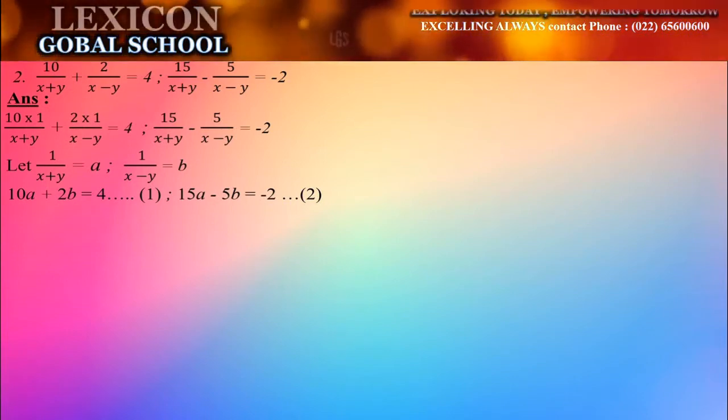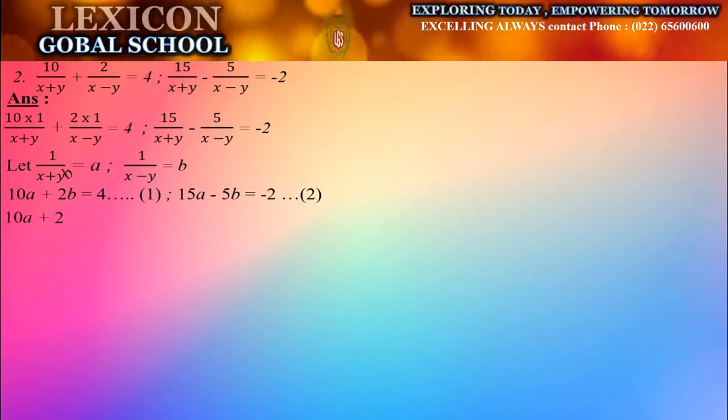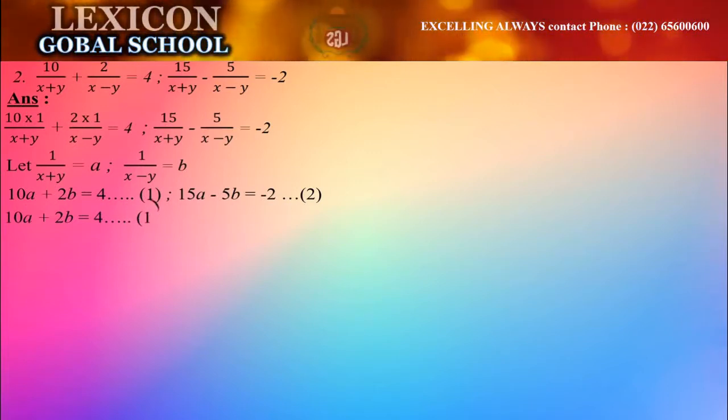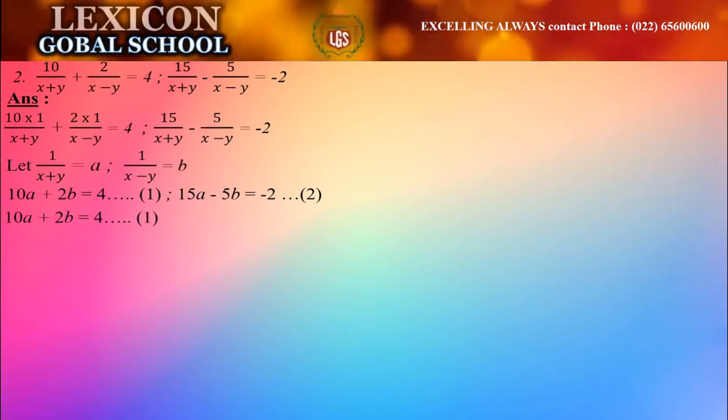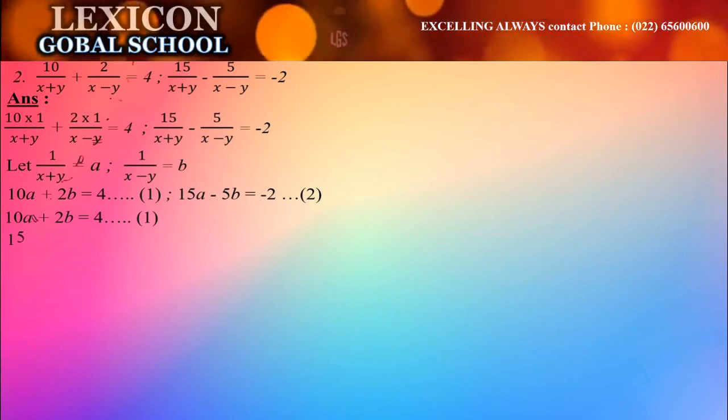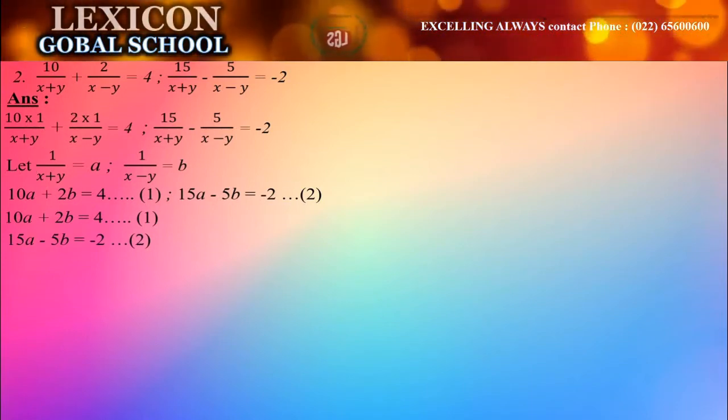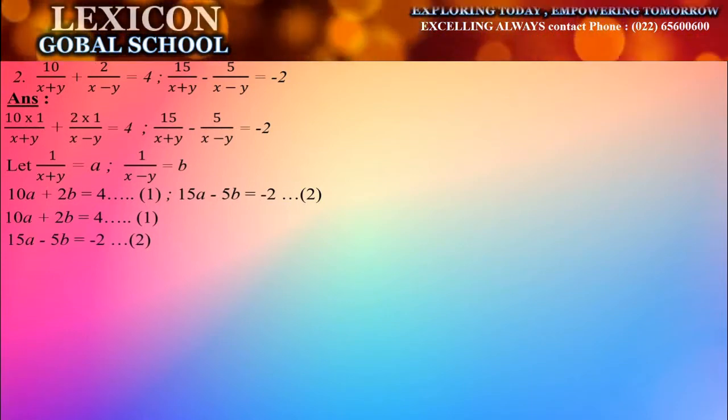When you solve it simultaneously, 10a plus 2b is equal to 4 would be our equation 1 and 15a minus 5b is equal to minus 2 would be our equation 2.